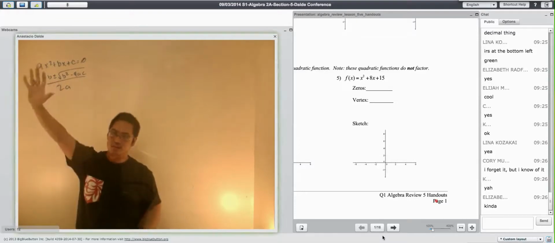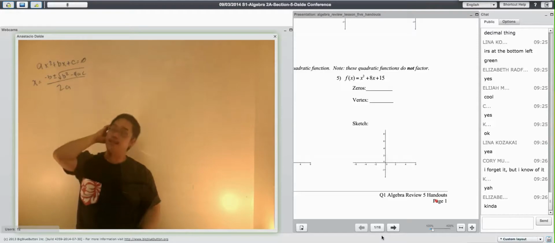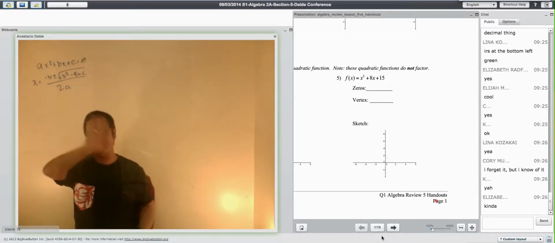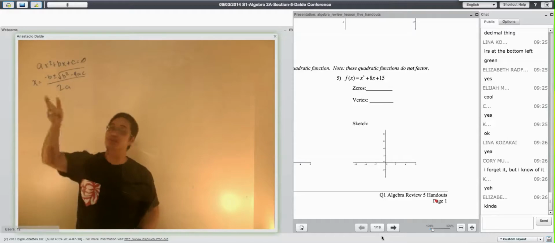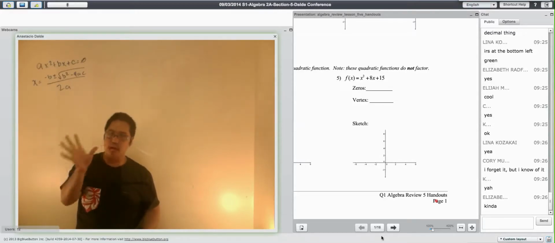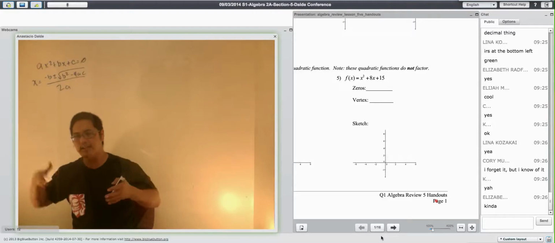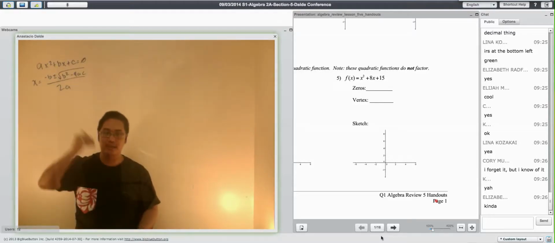This is the quadratic equation, and I'm not a big fan as a teacher of pulling equations out and throwing them up on the board and saying memorize these, and I haven't done that. I'm just showing you that once upon a time you probably were shown this equation. When you were shown that equation, you probably were shown how it came to be. If you weren't, then I'm going to make it my mission in life to make sure that you understand that this equation is not magic.